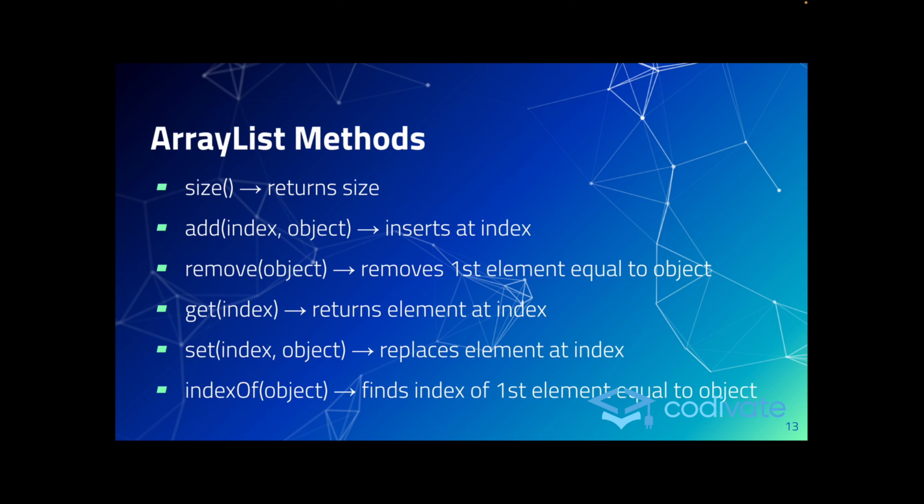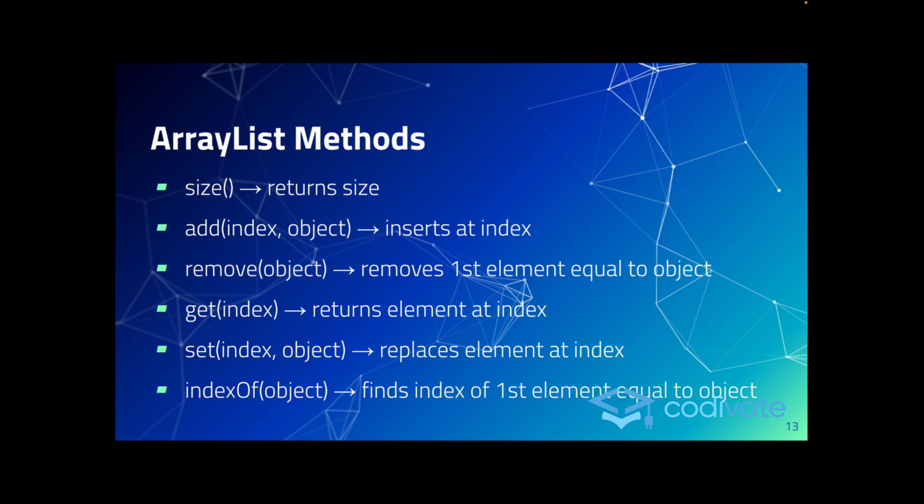So here are some of the methods that we discussed about array lists. There's the size method that returns the size of the array list. There's the add method. This add method can add a new object to the array list if you provide the index and the object.